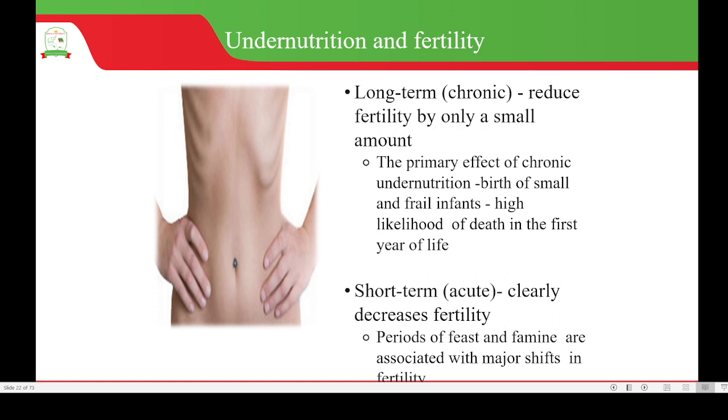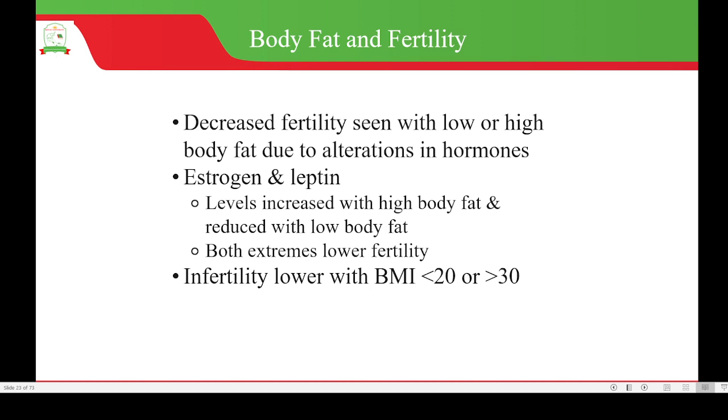And then we have the short-term or acute. This one clearly decreases fertility, and this is associated with periods of fasts and famine. Body fat. There is also decreased fertility in members of the population that have very low body fat or very high body fats, because this leads to alterations in hormone levels.